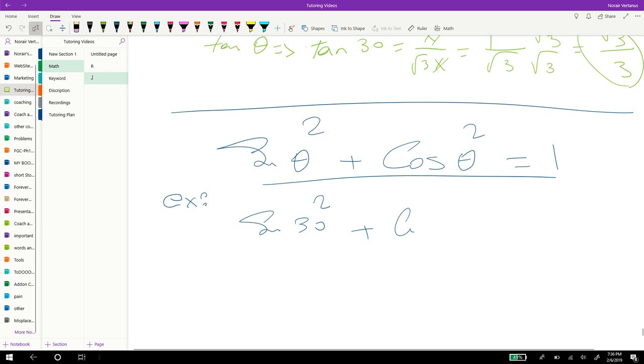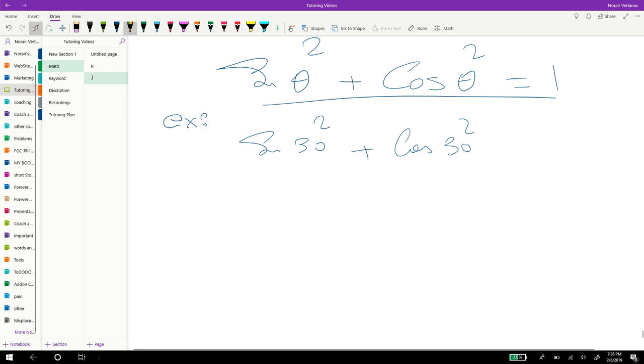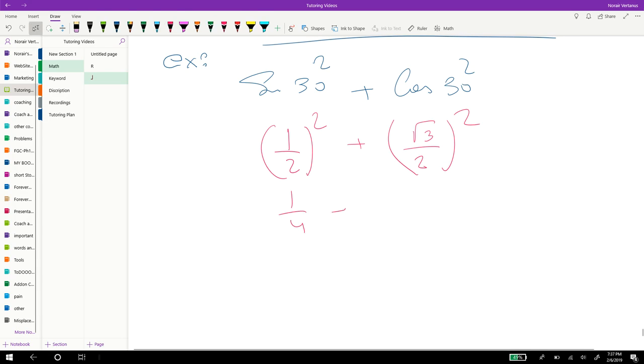Let's see what we're going to get. I said it should be 1, so let's see if we get 1. What is sine of 30? It was 1 over 2, to the second power. What is cosine of 30? Rad 3 over 2, all that to the second power. Is that going to be 1? See, 1 over 2 squared is 1 over 4. Rad 3 over 2 squared is going to be 3 over 4. If you add them, you get 1. So that's equal to 1.